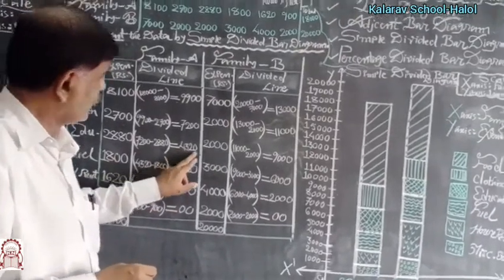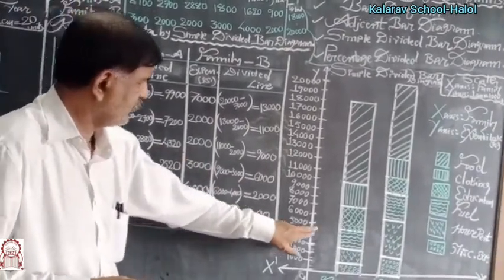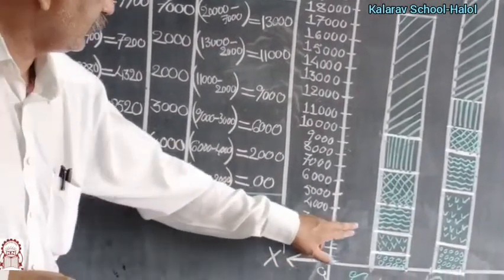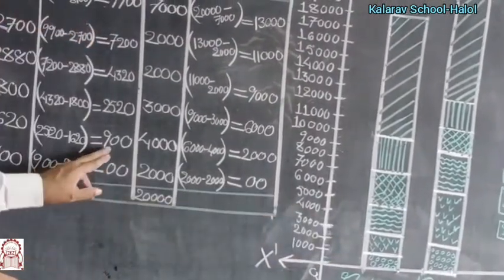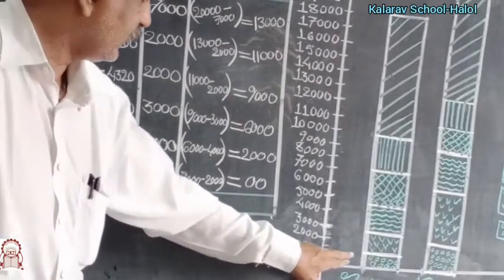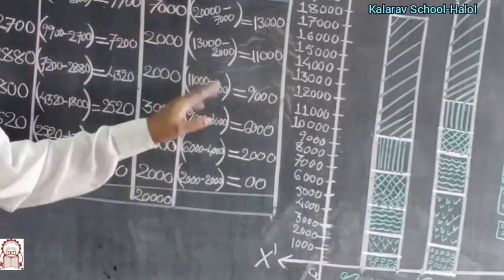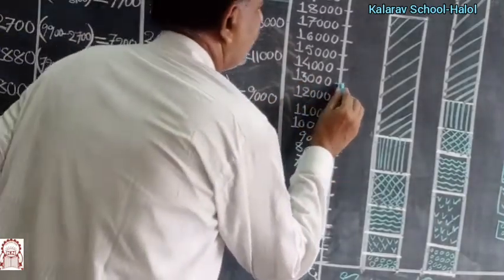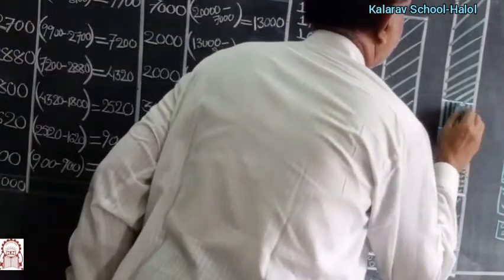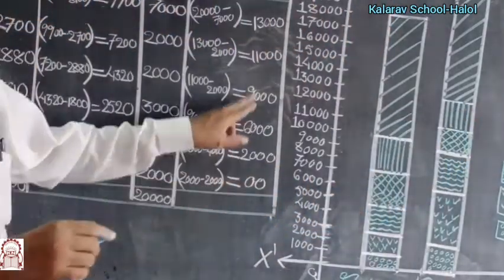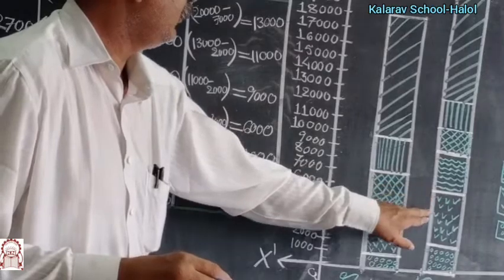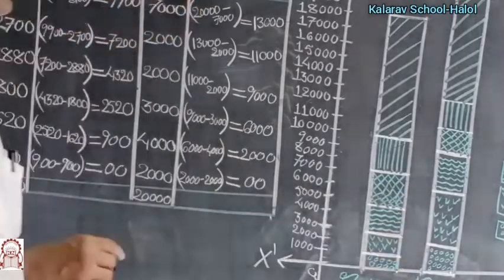Then 4,320 is just above this 4,000 line. 2,520 is between 2,000 and 3,000, this line. 900 is just below this 1,000. In the same way for B, 13,000 is this line. See this line. Then 11,000, 9,000, 6,000 and 2,000.